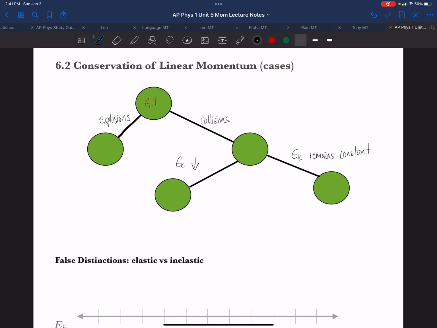There's a special name for each of these. When it remains constant, it is called elastic. When it decreases, it's called inelastic. Some words we might associate with elastic are bouncy, whereas inelastic is sticky.